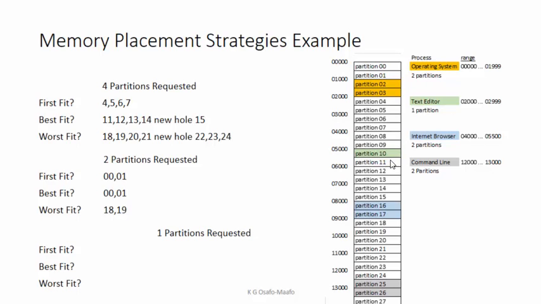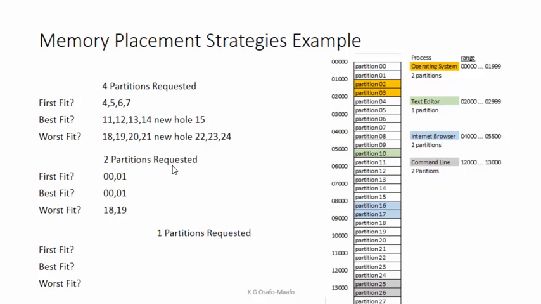I think 11 to 15, that's 5 slots, is closest in size to 4. If I found 4 exactly, I'd give it, but I can't find 4 exactly. So for best fit, I'll put it from 11 to 14. And of course, I'll make a hole of 1. Anytime you put something in, you'll have leftover. And worst fit, the idea there is you're going to put it in the biggest space you can find. So worst fit in this case would go here.